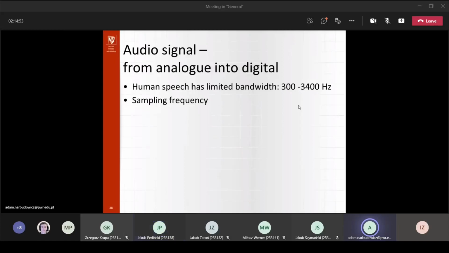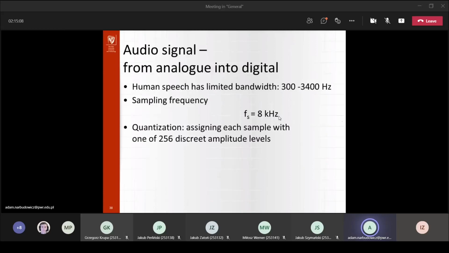Yes, exactly. So I'm going to cheat a little bit and take a little bit higher, so 8 kilohertz. This is mainly for ease of calculation.